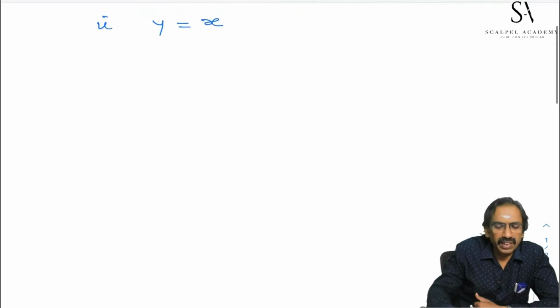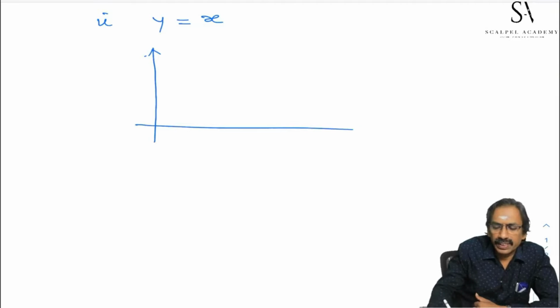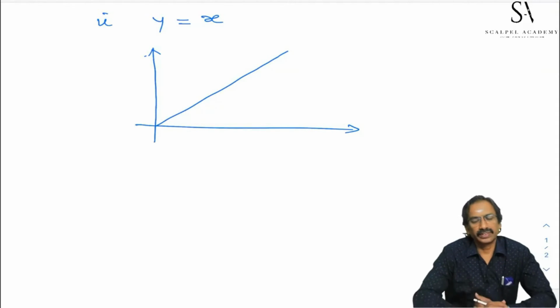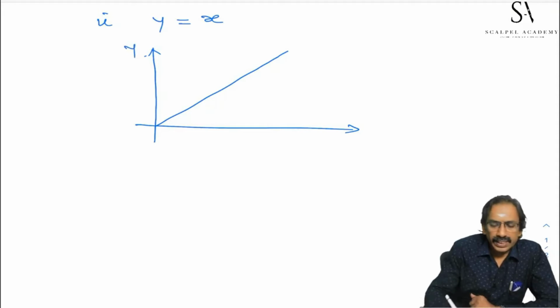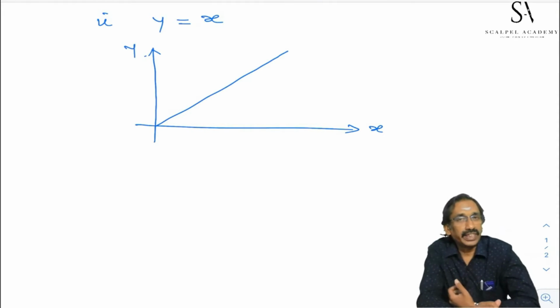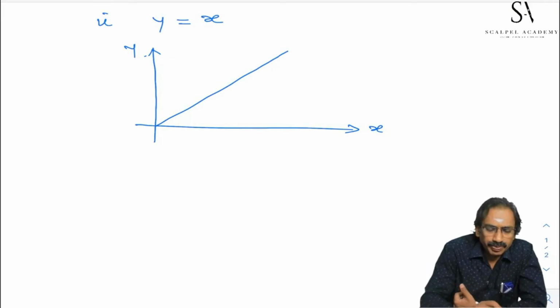How will the graph be? It is a straight line. Slope is equal to 1. It passes through the origin. Y is equal to x is a straight line passing through the origin. It makes an angle of 45 degrees with the x axis, because slope is equal to 1, tan theta is equal to 1.